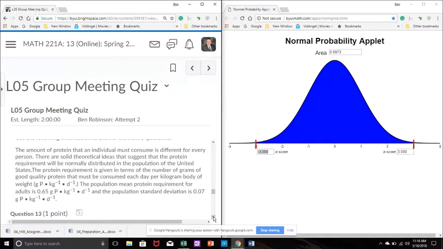The population mean protein requirement for adults is 0.65 grams of protein, and the population standard deviation is 0.07 grams.